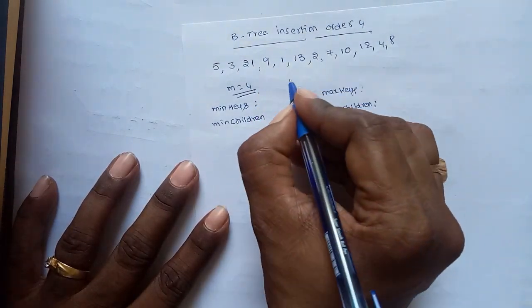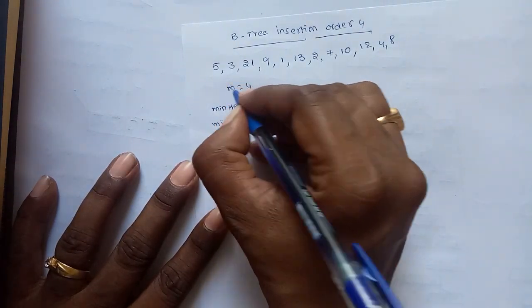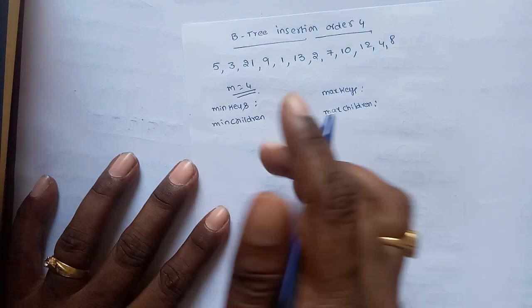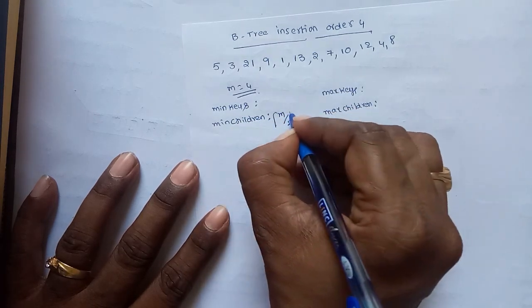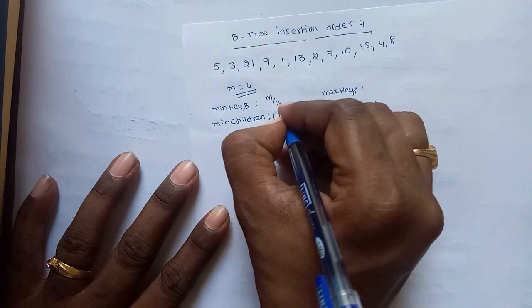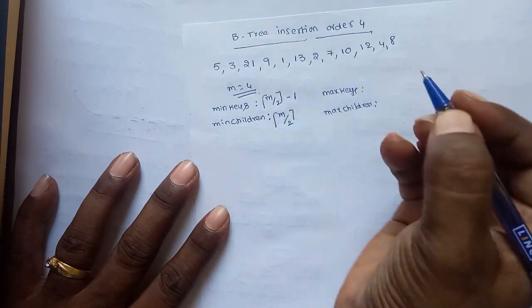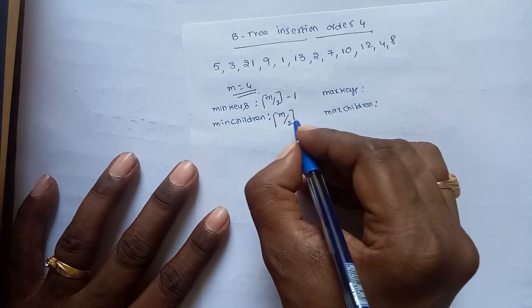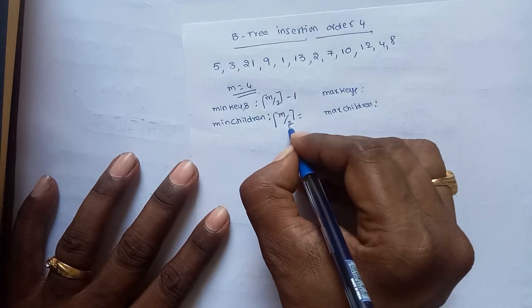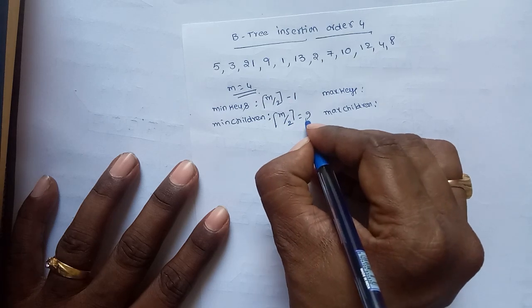Minimum keys. Order 4, that is m. What is the formula for minimum? Suppose the minimum children is m by 2 and automatically minimum keys are m by 2 minus 1. Okay, always keys are 1 less than children. M by 2 means 4 by 2, that means 2.